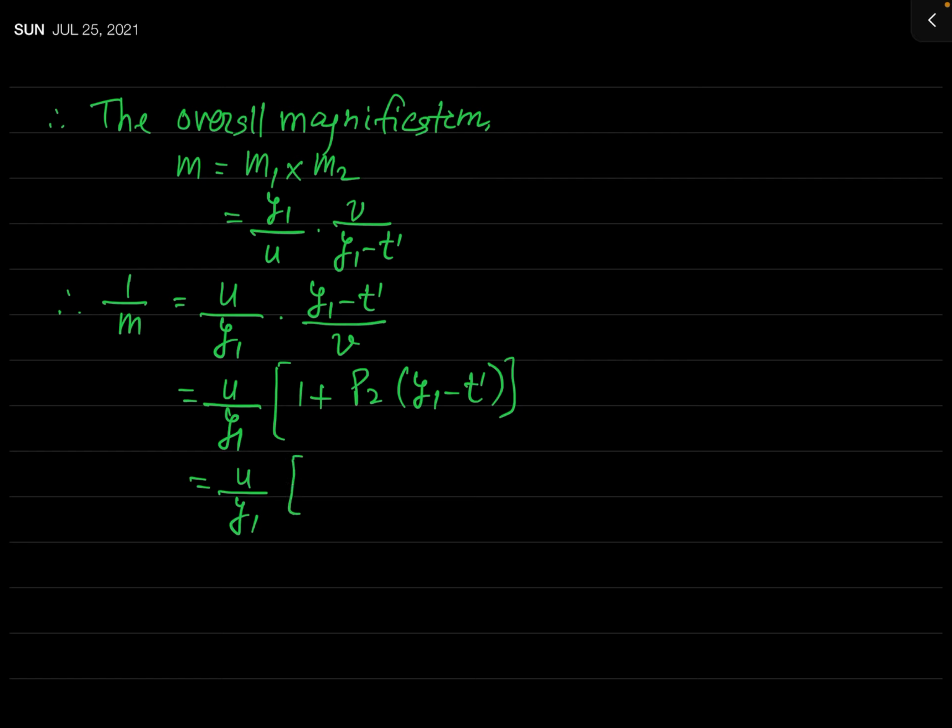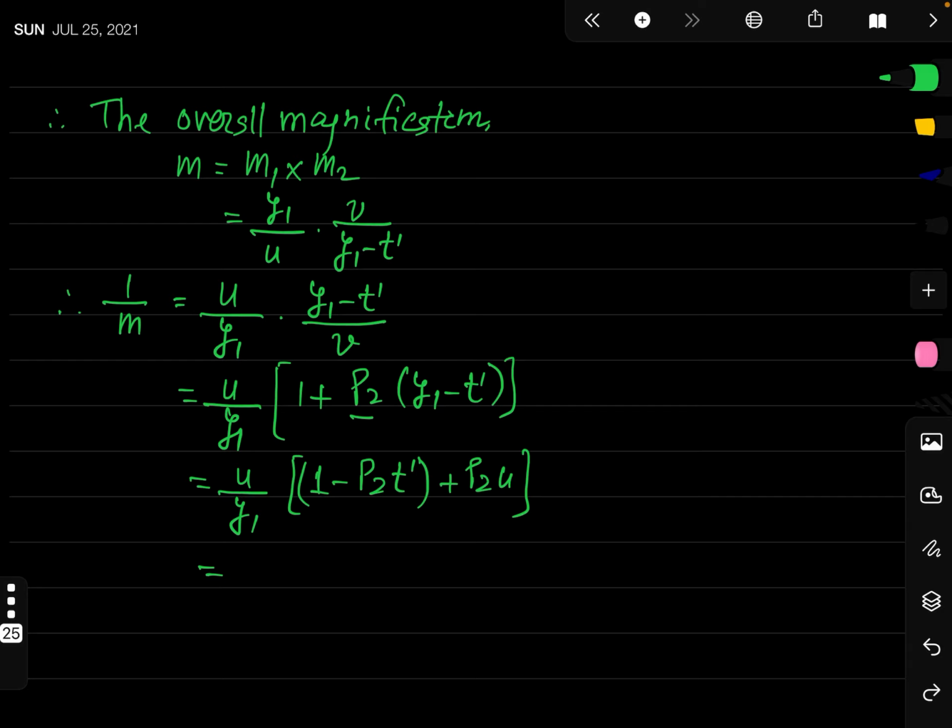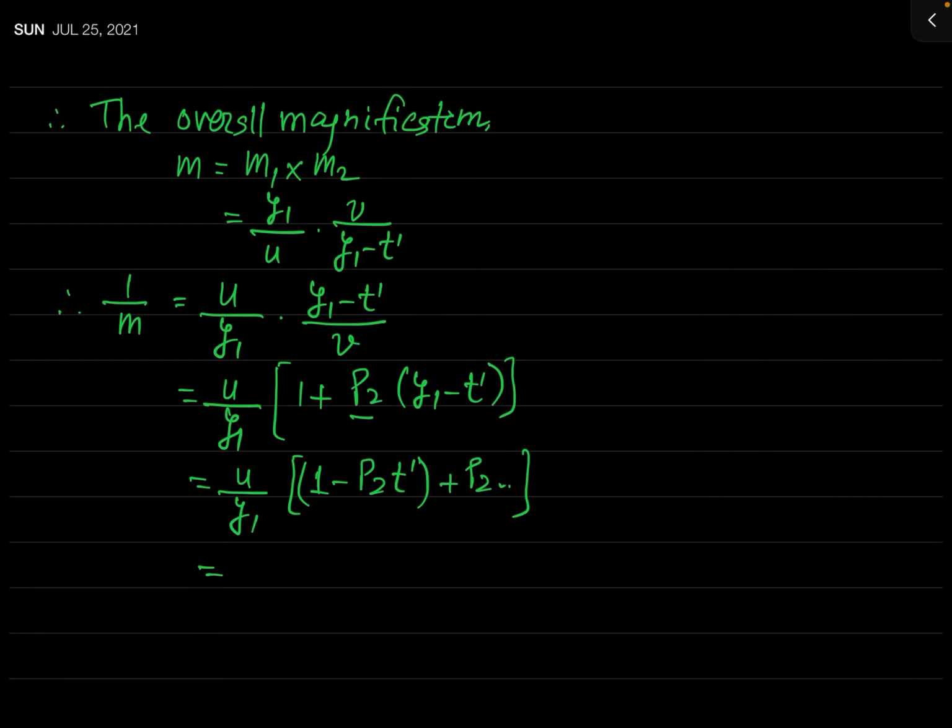So this will be 1 over Y1 into, let us simplify it, 1, and when you multiply by P2 the bracketed term, this will be 1 minus P2 times T prime plus P2 Y1.